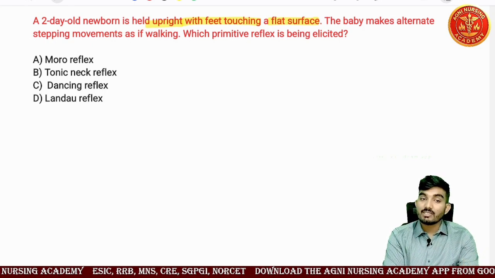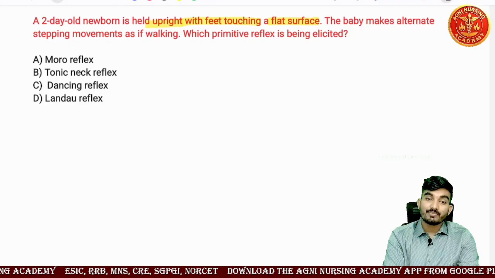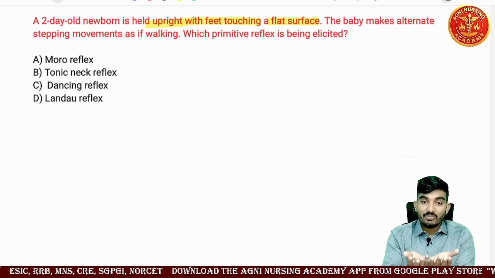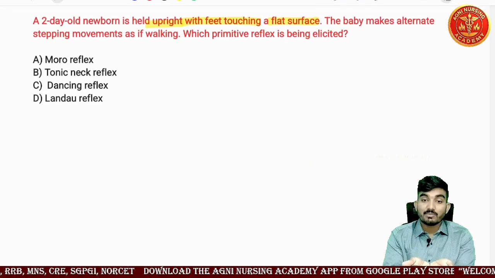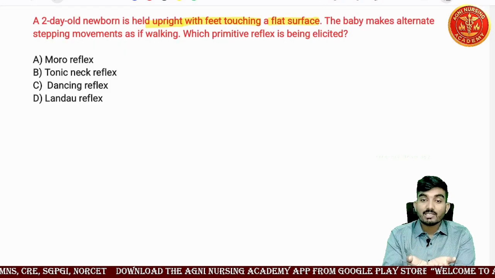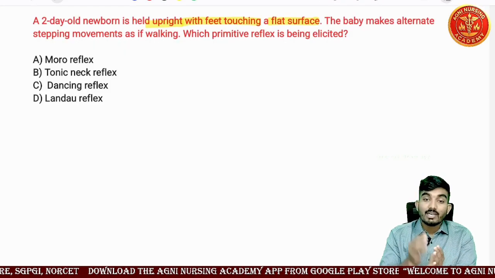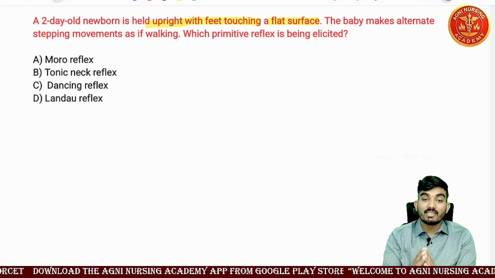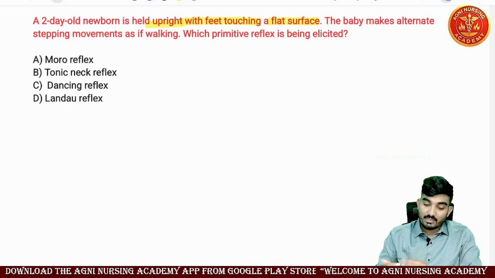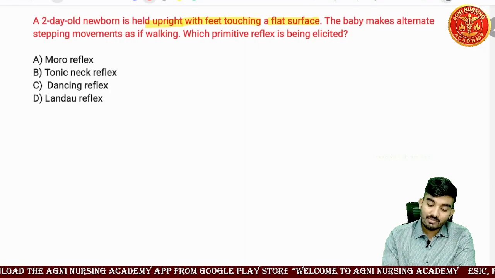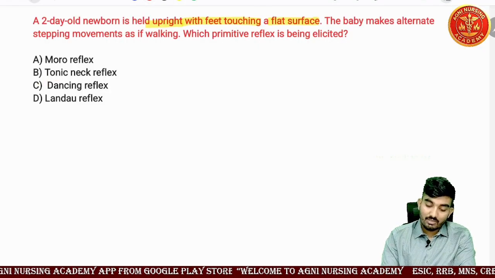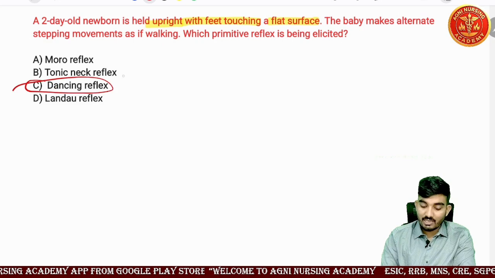And option D, the Landau reflex, means the child is held in ventral suspension, in the prone position. At that time the child's neck and the leg end will be elevated. That is called the Landau reflex. The correct answer for our question is option C, that is the dancing reflex.